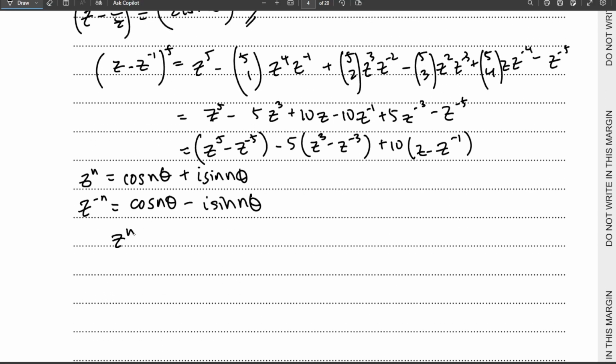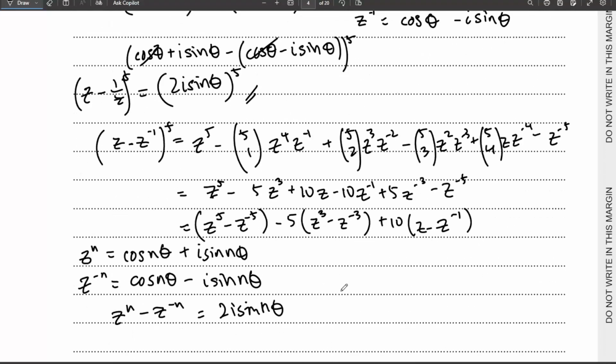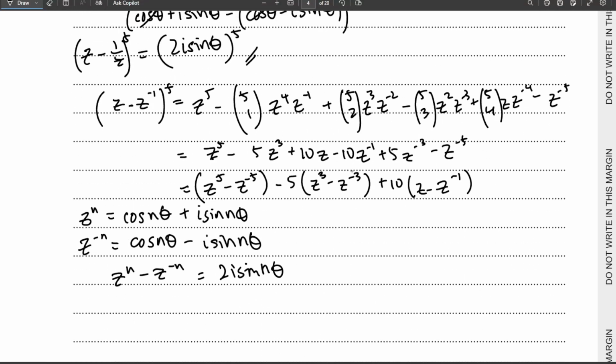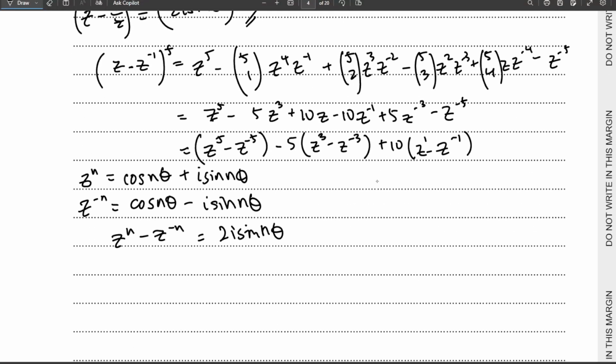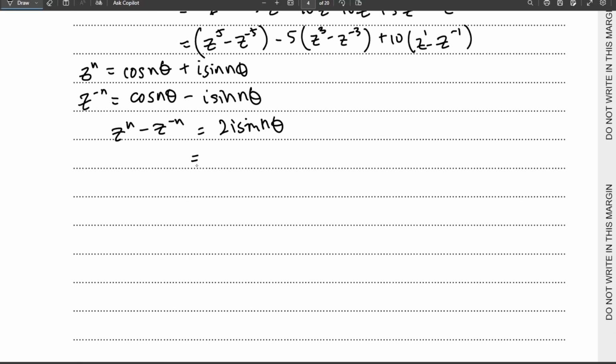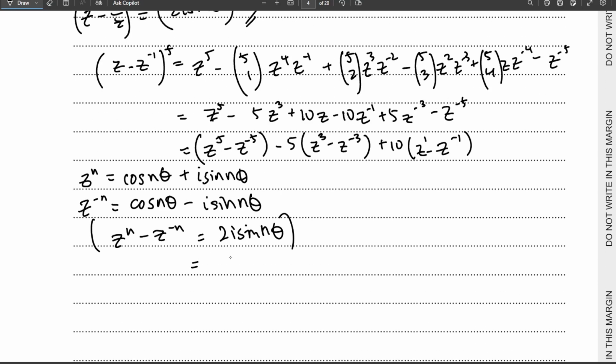So z to the n minus z to the negative n, you get again 2I sine n theta. So this is true. So if we have 5, 3, and 1, this is z to the power 1, we can rewrite all of this in this manner.